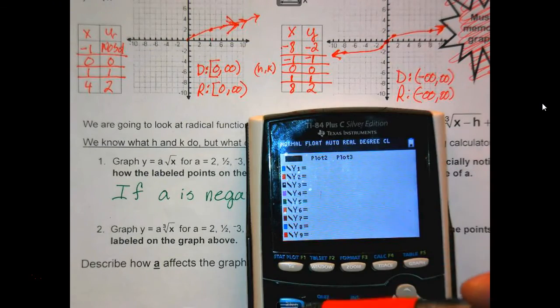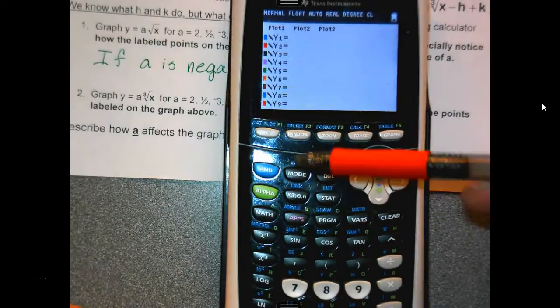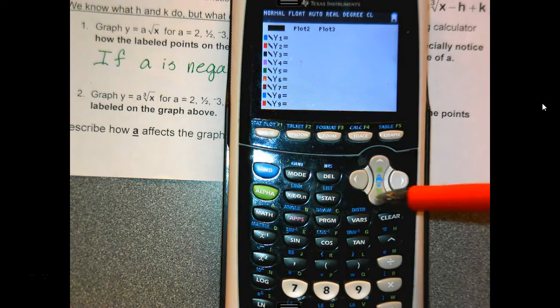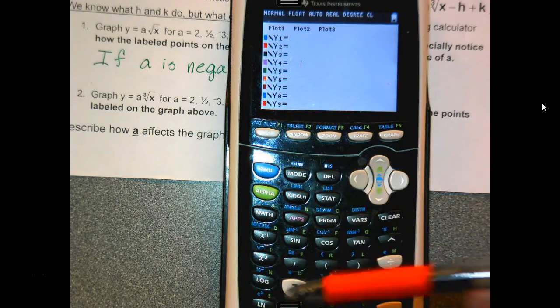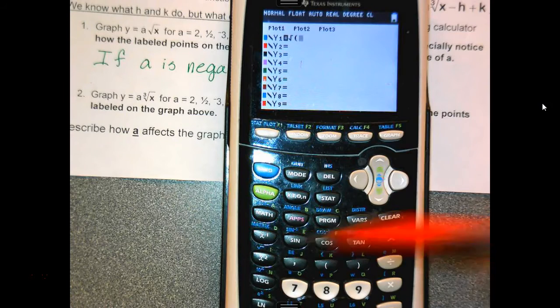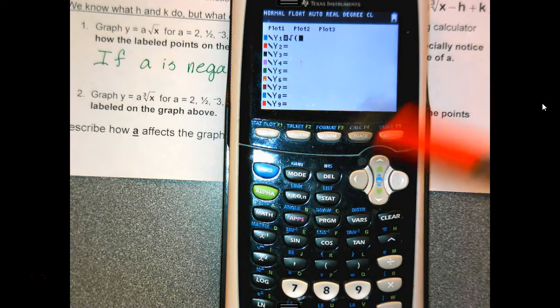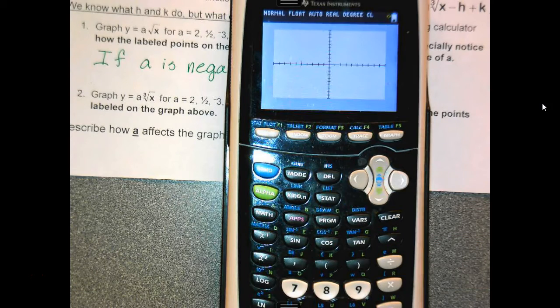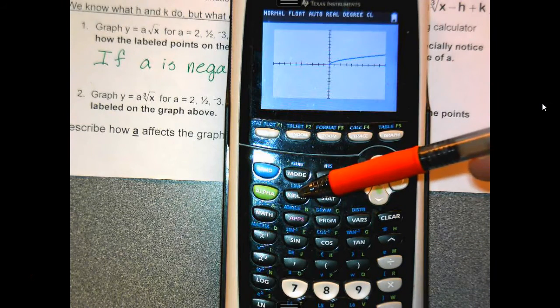So I'm going to have to hit the second key. Second key, and see the X squared button? I want to hit that because that brings up my radical, my square root. And then I'm going to put in the X, close the parenthesis, and graph it. Now, here's the X button.